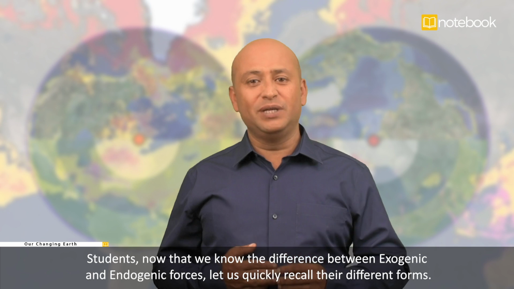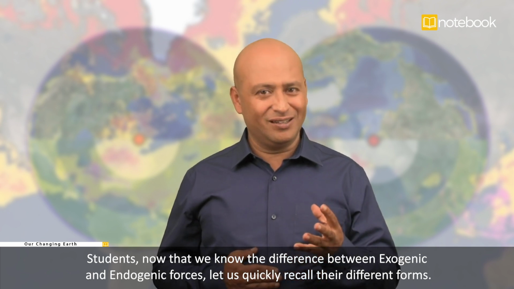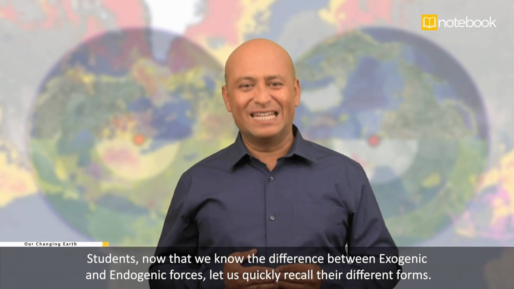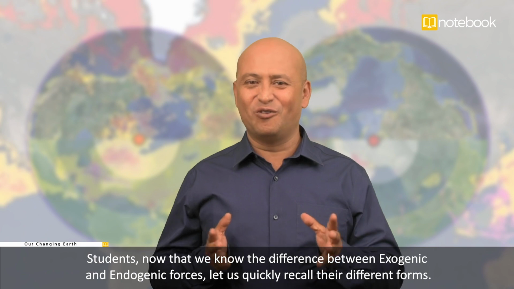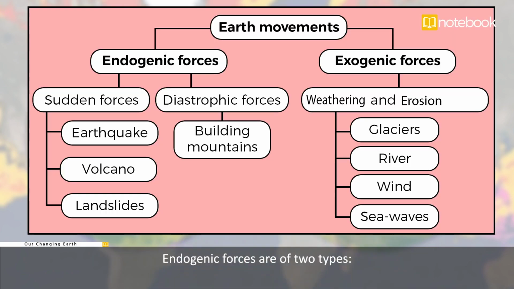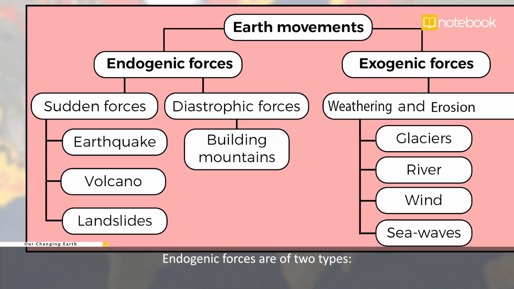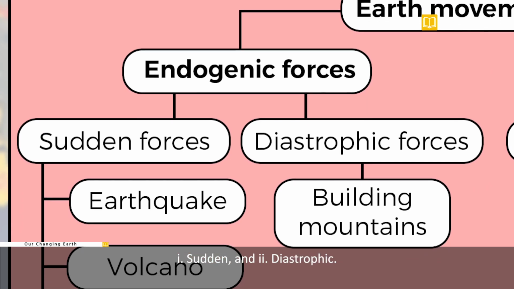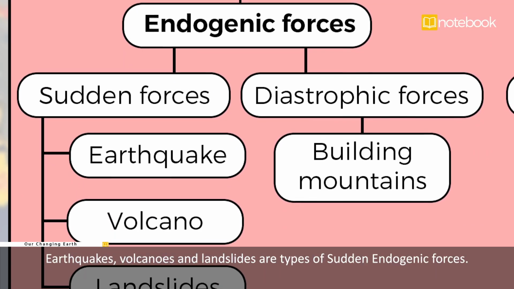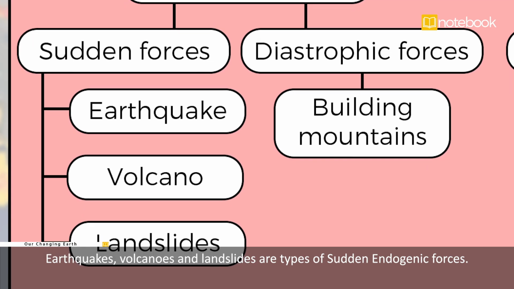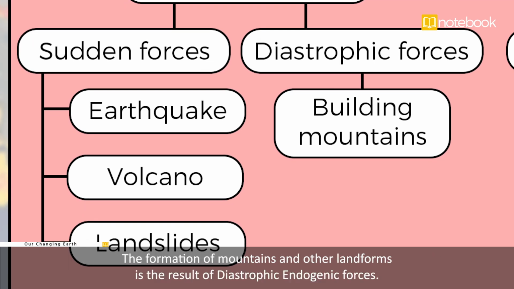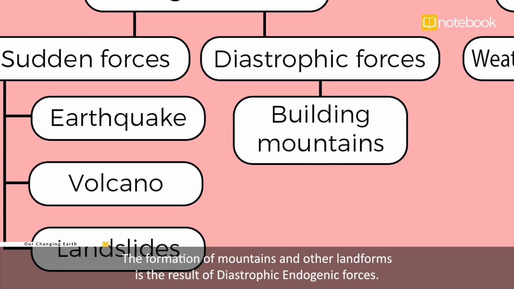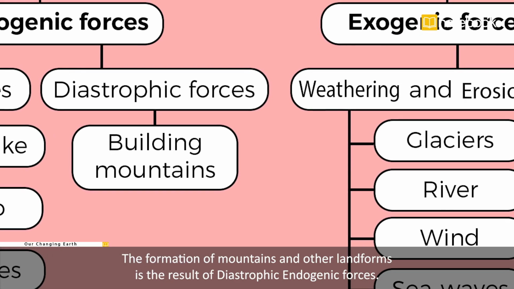Students, now that we know the difference between exogenic and endogenic forces, let us quickly recall their different forms. Endogenic forces are of two types. 1. Sudden, and 2. Diastrophic. Earthquakes, volcanoes and landslides are types of sudden endogenic forces. The formation of mountains and other landforms is the result of diastrophic endogenic forces.